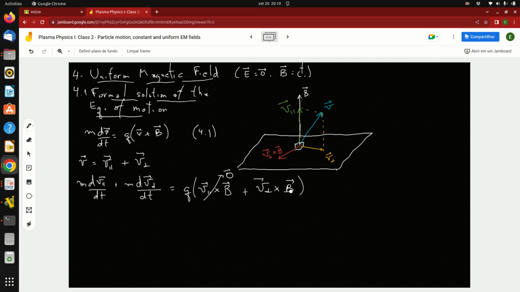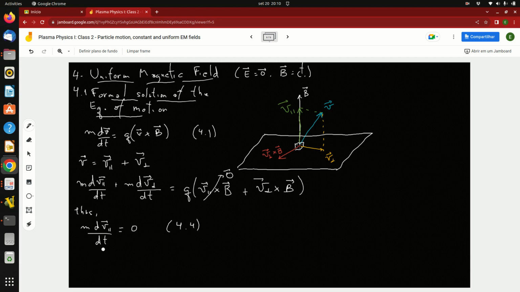Then we end up only with the perpendicular component. So we have m dv parallel dt equal to 0, which in the book I think is 4.4.